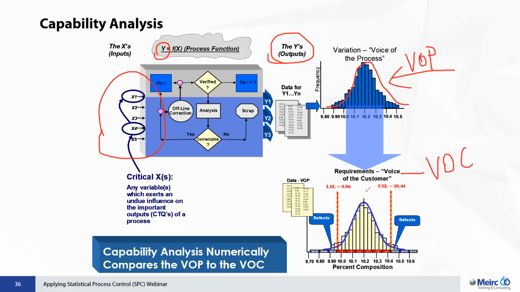They want you to deliver something with this target. They might accept an upper specification and a lower specification, so anything that you deliver between here and here is good for them. Anything outside the borders of the upper specification and the lower specification is considered a defect.